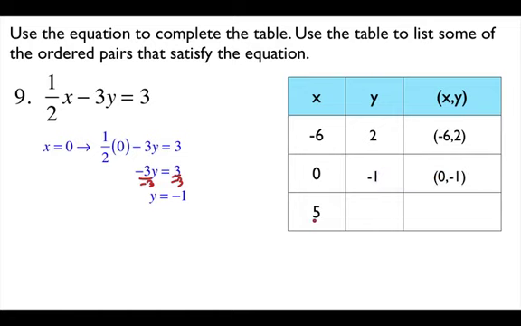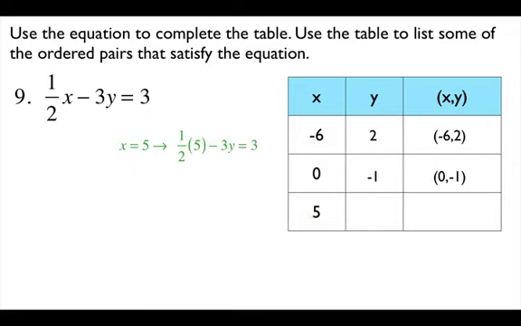Now when x is equal to 5. Let me get rid of that. I get the following. 1/2 times 5 is 5/2. At this point, I am going to multiply both sides by 2. Once I do that, you should see that I get the following.